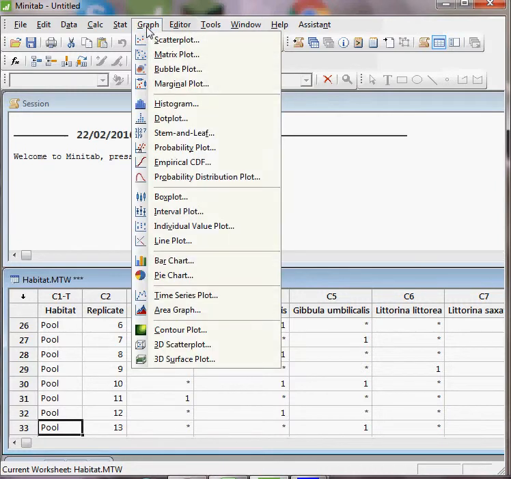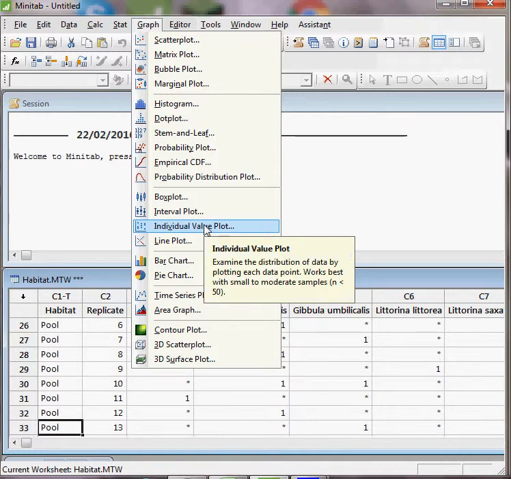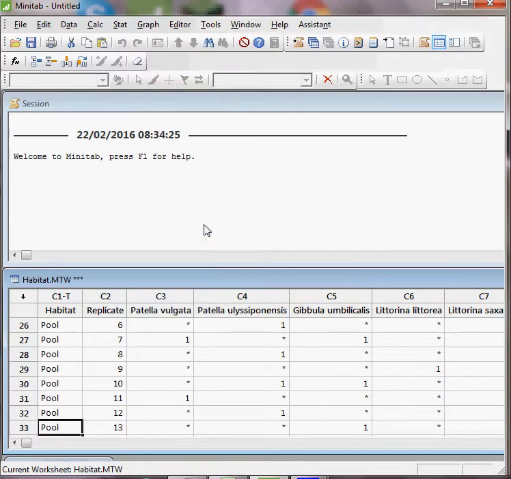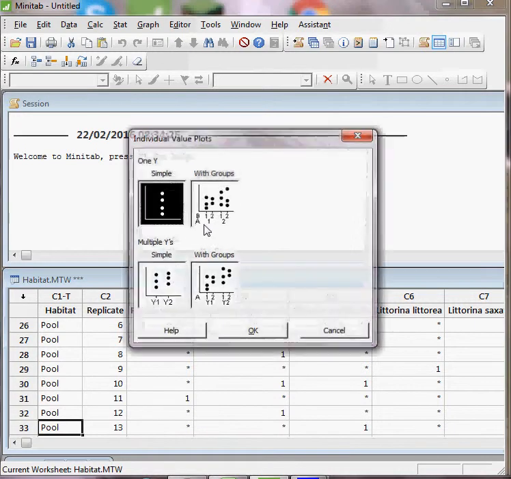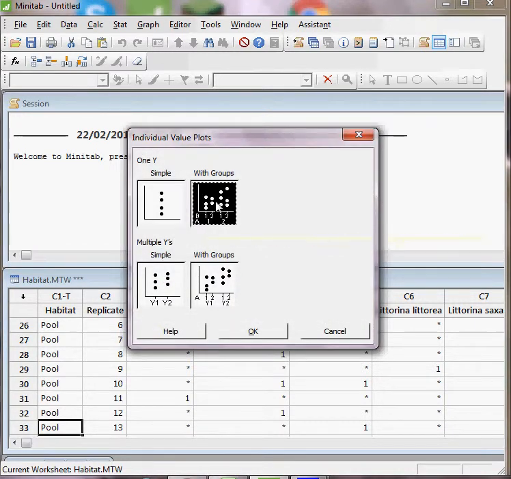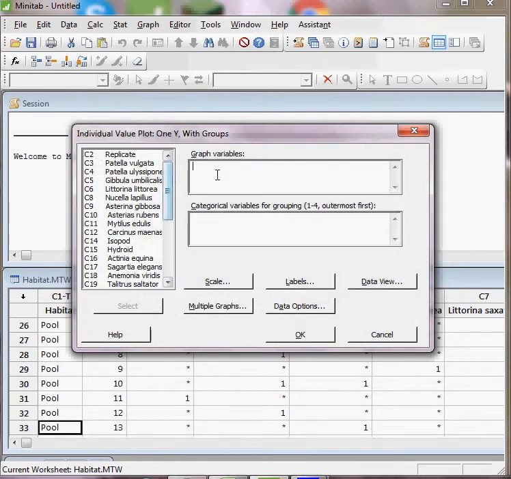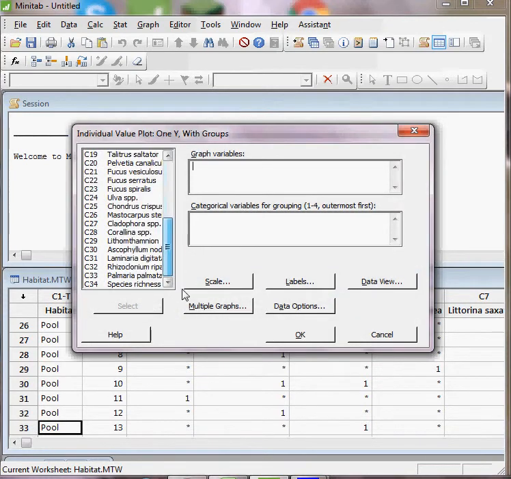our data. So we have a graph menu that makes various kinds of graphs available. The two kinds of graphs that we might be interested in for these data, possibly the individual value plot. So if we open up the dialog box for individual value plot, we're interested in grouped data, and the variable we're going to graph is the species richness indicator.